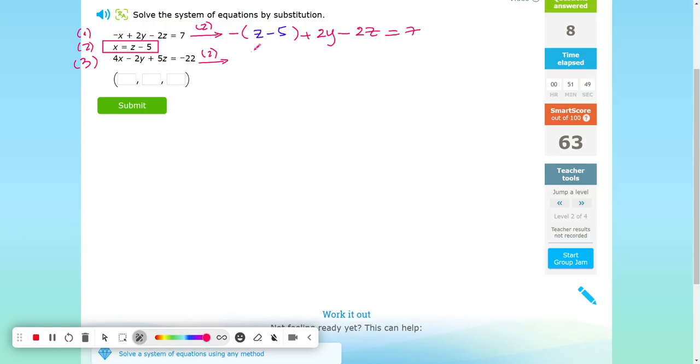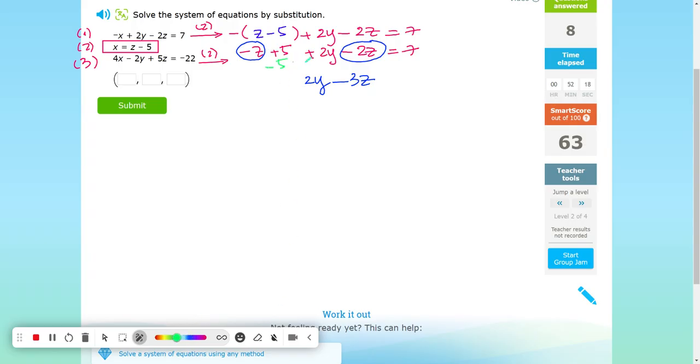Open the parentheses: I come out at negative z plus number 5 plus 2y, and then subtract 2z equals 7. Now I combine like terms. Negative z and negative 2z become negative 3z. All right, 2y is here.